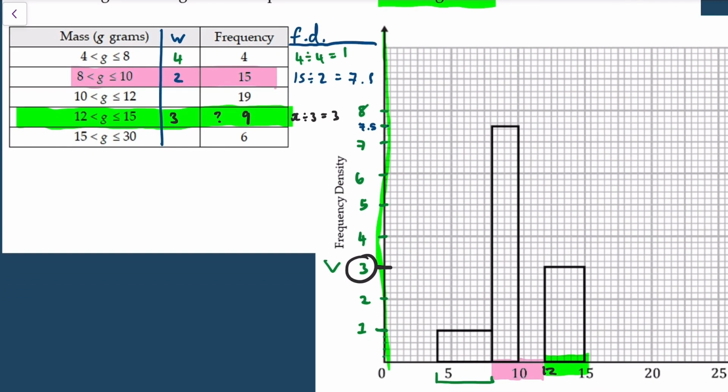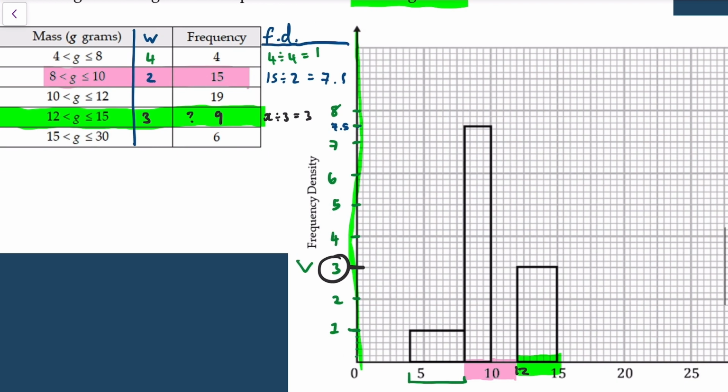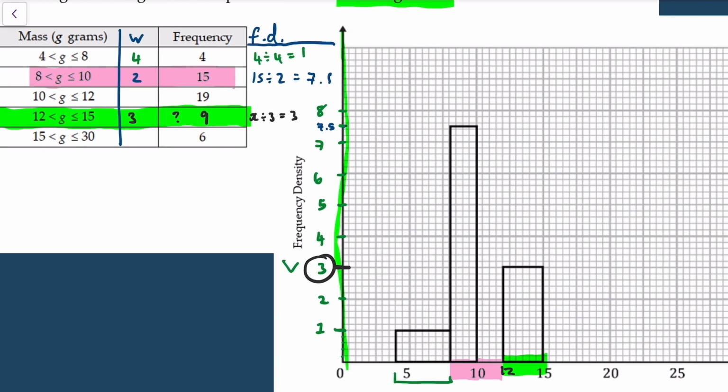Now we need to complete the rest of the histogram, which means that we'll need to work out the first bar. The first bar we've got there, 4 to 8, sorry, I was just checking. Then we've got 8 to 10, we've got that bit there. We've got that. 10 to 12, we need to work that out. That's a height of 2.